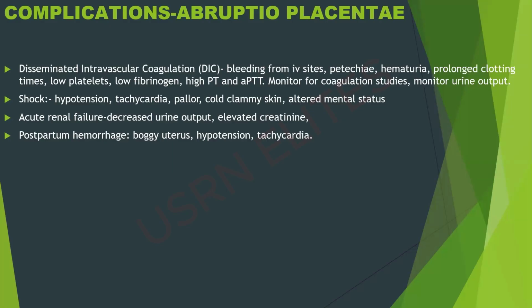If your urine output is less than 30, we hold. You have to know the deep tendon reflex before you give it. And the antidote for magnesium sulfate is calcium gluconate.